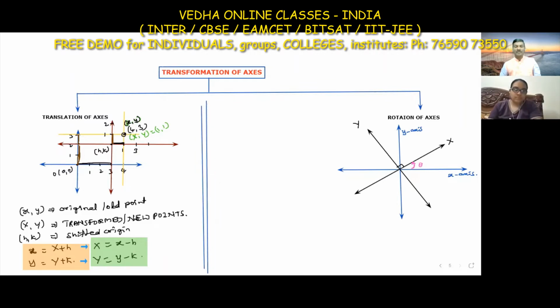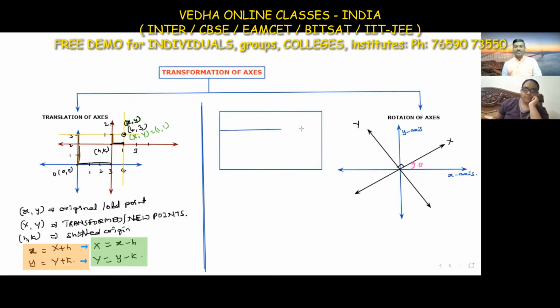Based on the table, we can find the equations and points, before translation and after translation, before rotation and after rotation. Now I am drawing one box here.